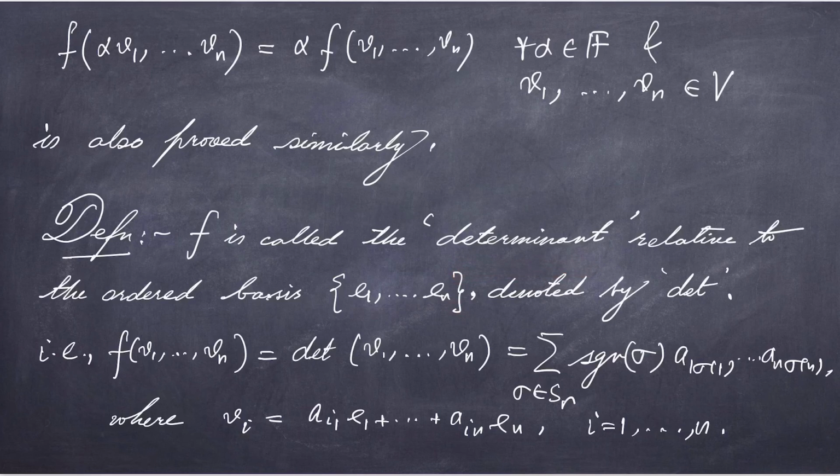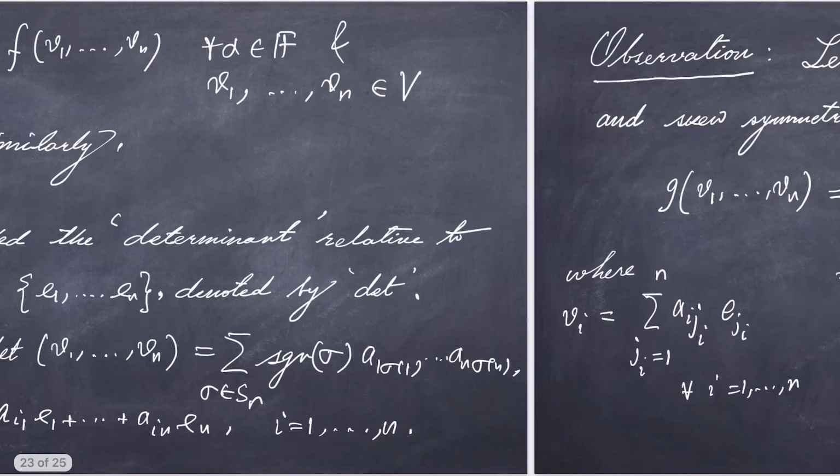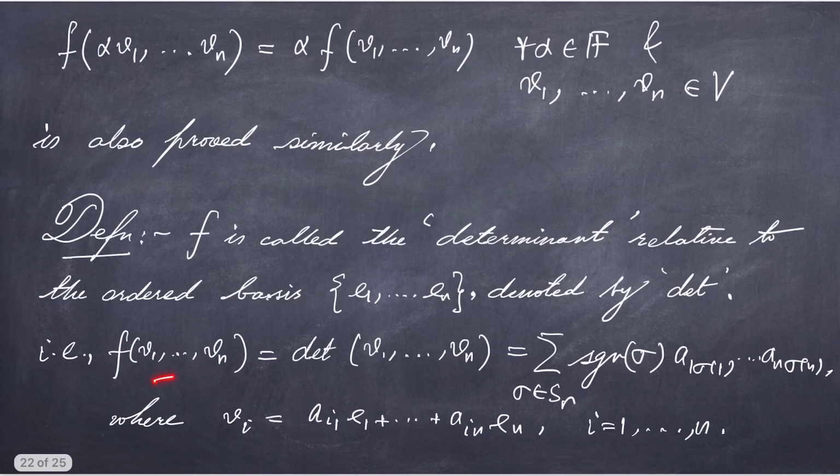So we denote that by det. So how is that defined? Det of v1, v2, ..., vn is defined as this. Remember, we have proved this for any v1, v2, ..., vn. If we send this to this quantity, then this assignment is the function that satisfies the three properties, and it is the unique one, as we have proved.